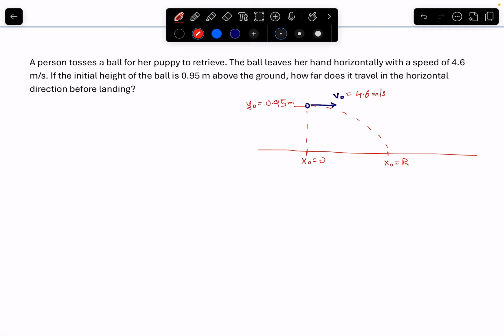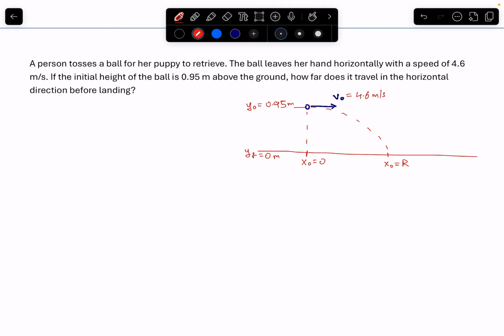This is my y naught equal to 0.95 meters, and y final is equal to 0 meters. So let's solve that. I need to first find how quickly this particular ball reaches the ground in the y direction.